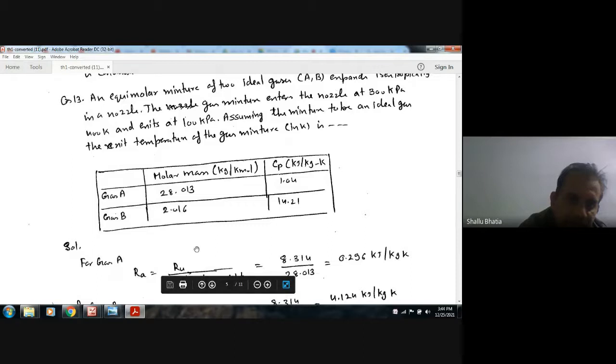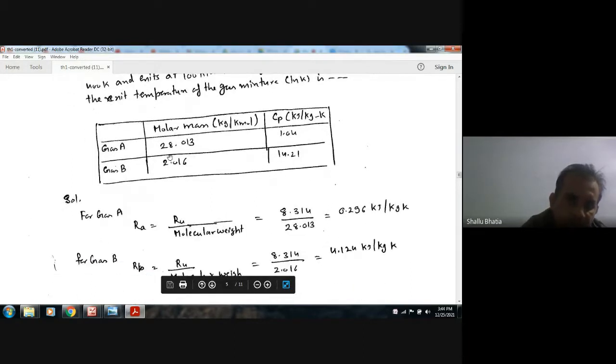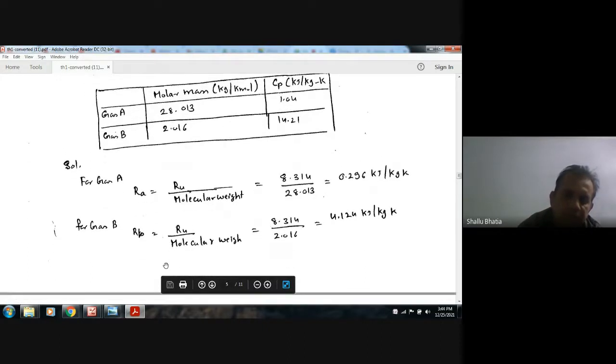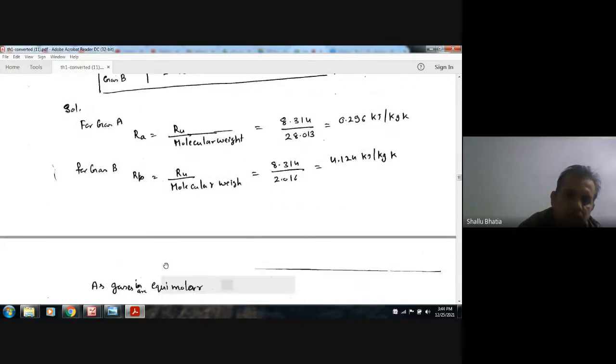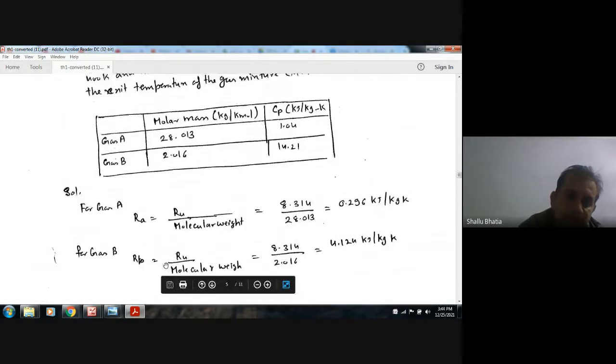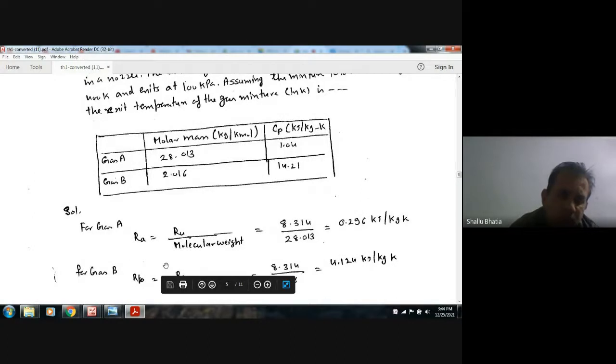For gas A, R will be Ru by molecular mass, so this will be Ra. Similarly, we can find Rb, the characteristic gas constant of B, as Ru by molecular weight. Now as they are equimolar, we need not go to a difficult conclusion.